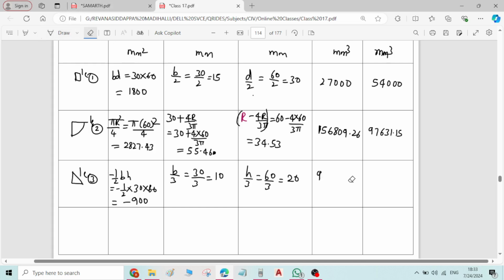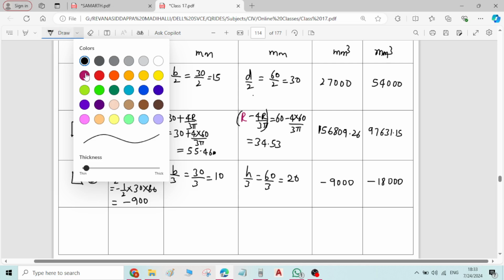Now for the right angle triangle, 900 into 10 will be minus 9,000. Then 900 into 20, minus 18,000.